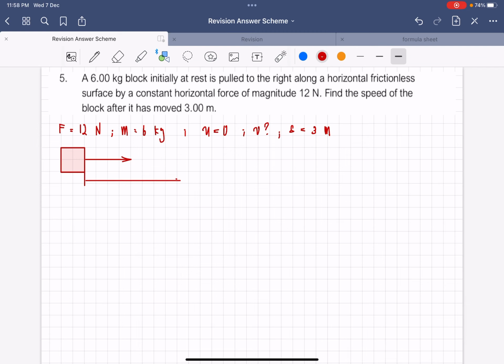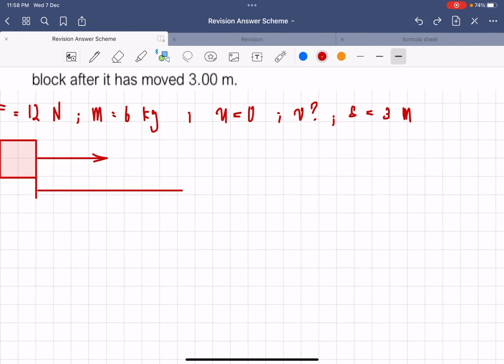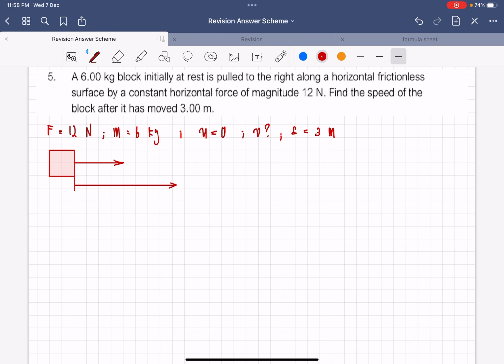So this is your force, this is the displacement. And we are going to apply the work kinetic energy theorem.